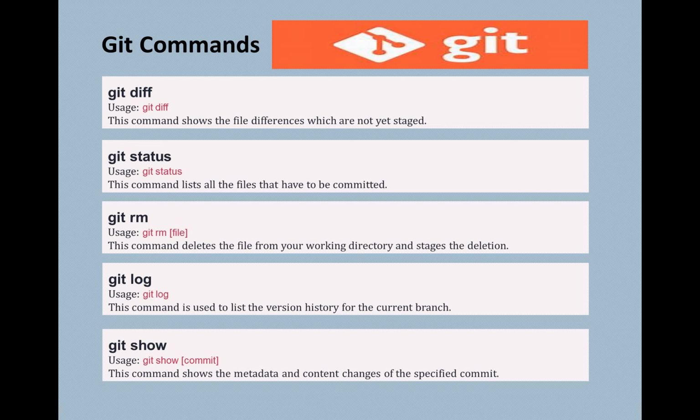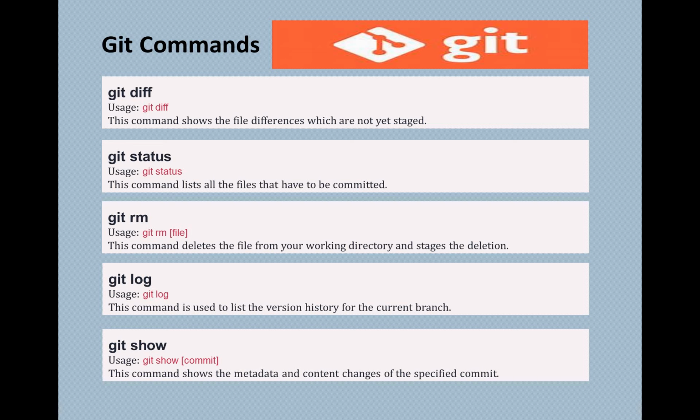Then the next command is git diff. Usage is git diff. This command shows the file differences which are not yet staged. If you want to compare your files, then you can run this command. And then the next command is git status. Use git status, and this command lists all the files that have to be committed, where you can see what you are going to commit.